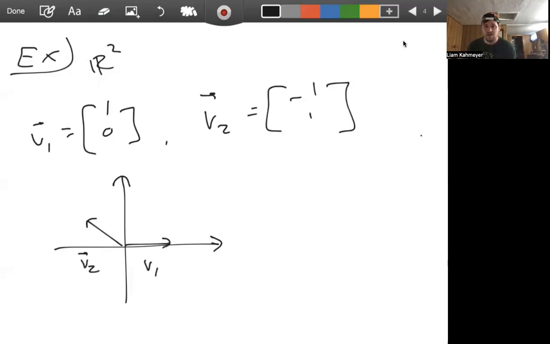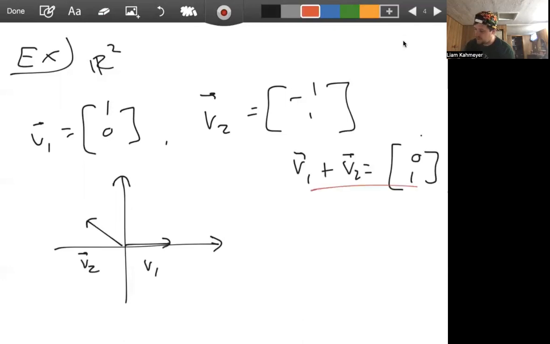And now just taking linear combinations of these vectors, what could we obtain? Well, we could start with something like v1 plus v2. That would be the vector (0, 1), and so we know we could obtain this vector.